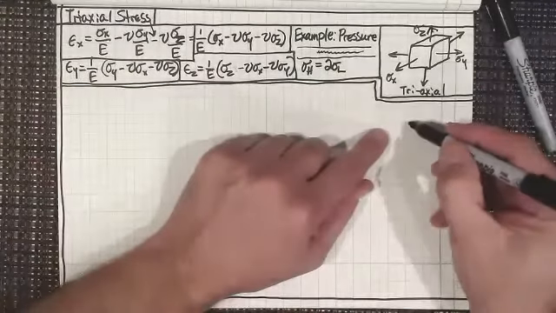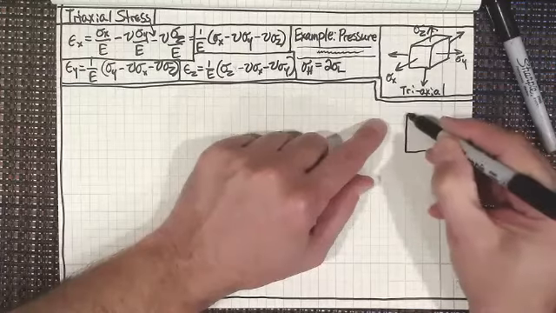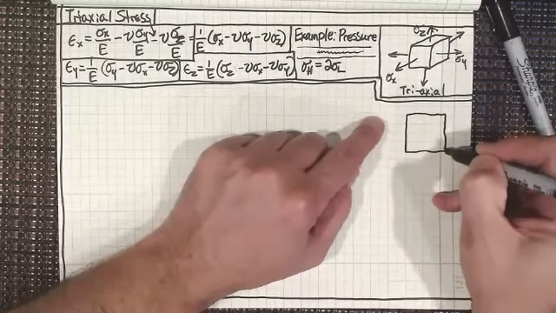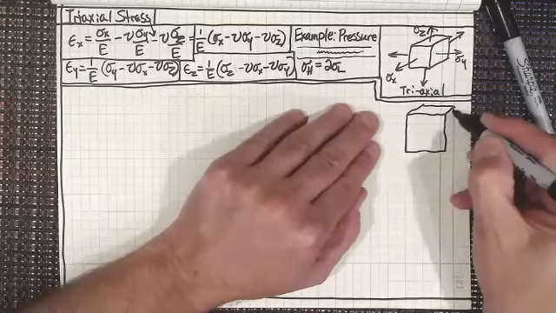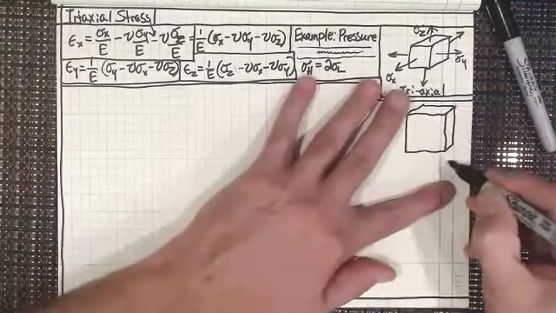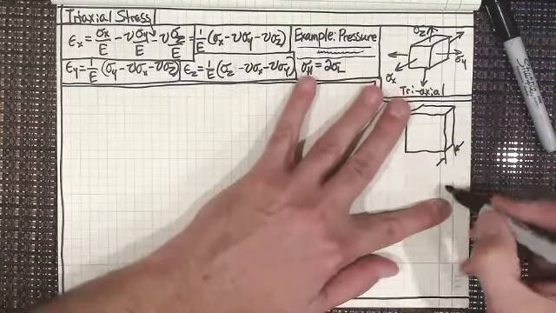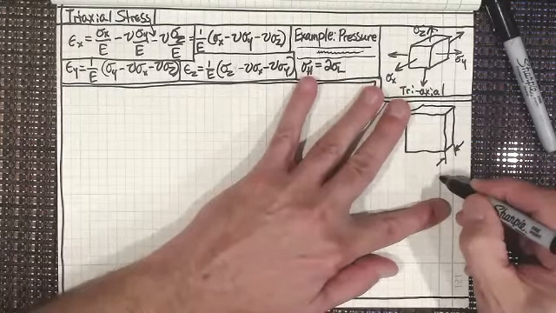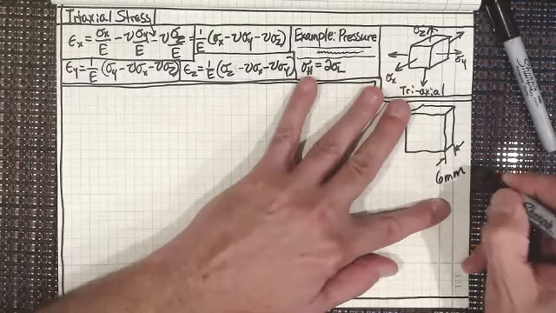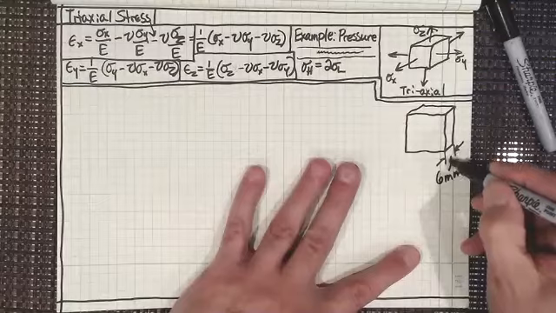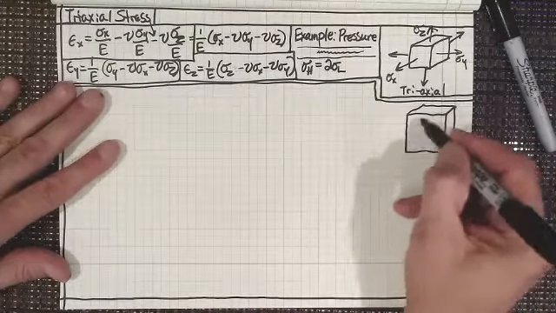So here's the problem that we're going to be looking at. Just like in the last problem, we're going to be looking at a piece of skin of this scuba tank. I'm going to make it look thicker than it really is, but the actual thickness of the scuba tank is going to be 6 millimeters, and then I'm just going to look at something that's like 10 centimeters on each side.